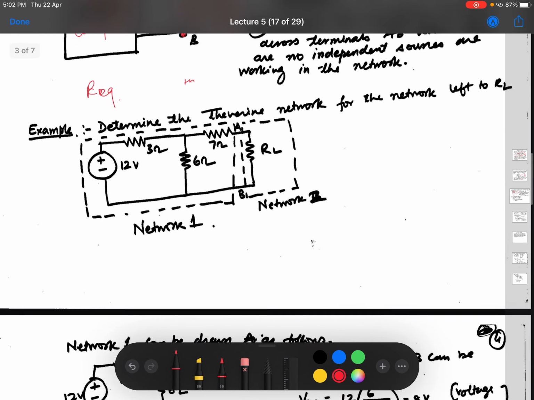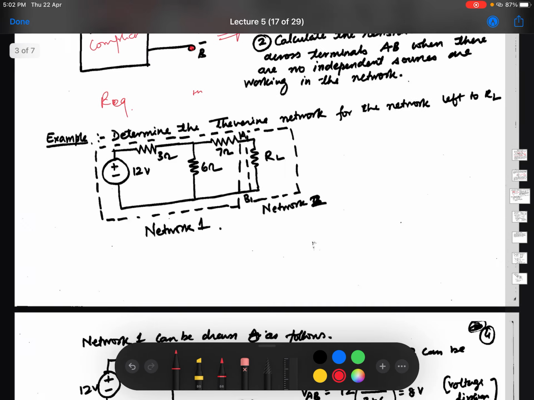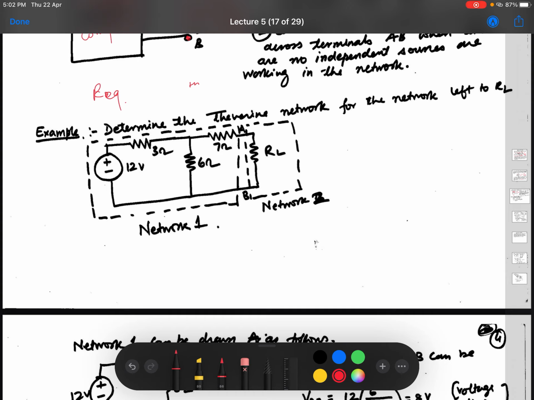So let us take a small, simple example to understand the things in this context. Here if you see, I am assuming that we are interested in A and B. These are the two terminals, and this RL, the load resistance, goes on changing. Okay, and the remaining circuit is a complicated circuit.